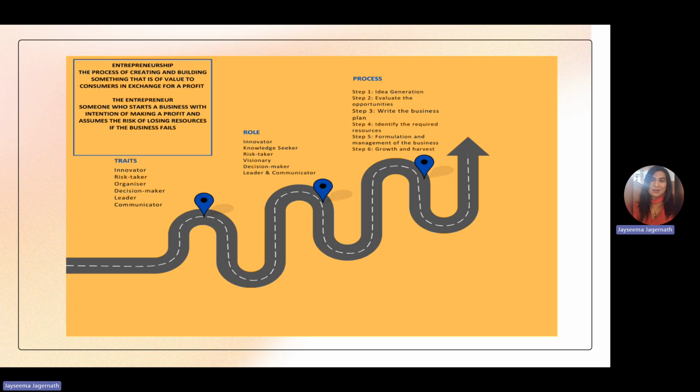So an entrepreneur is an innovator, a risk taker, somebody who is organized, somebody who can make decisions on the spot, lead through difficult situations, because remember that entrepreneurship is not a guaranteed success. So there are opportunities for growth, but there are equal opportunities where entrepreneurs are unsuccessful. And it's the ability to still lead themselves up, their people up, and head towards success.